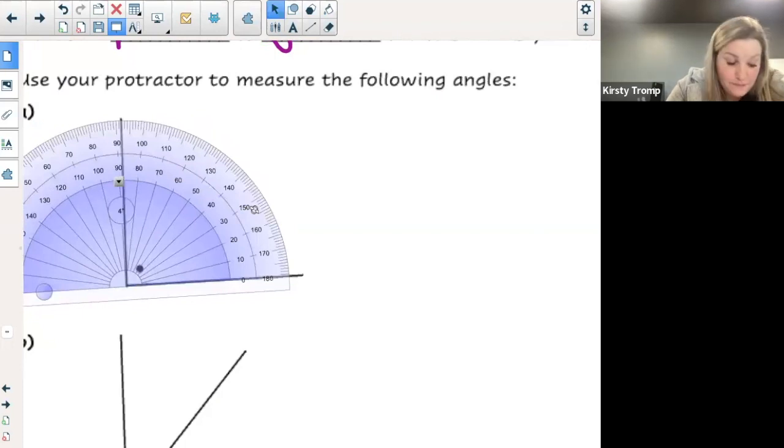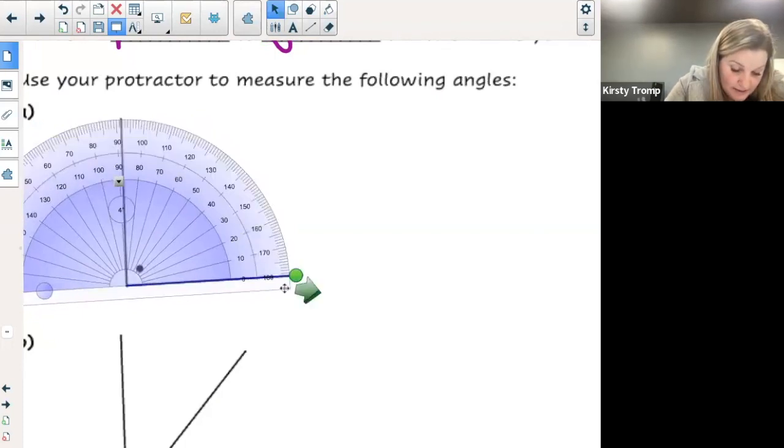I get to cheat a little bit because I've got a special little tool here, but you could use your ruler to do the exact same thing and measure to see where your angle stops. This little tool tells me that this angle is 88 degrees.